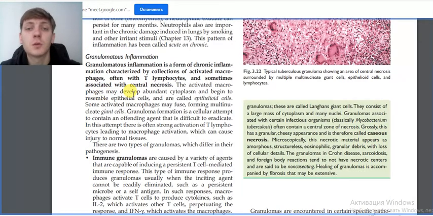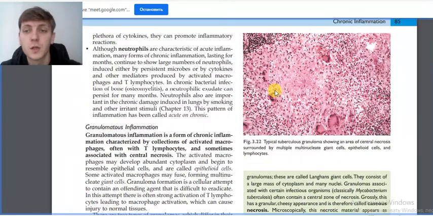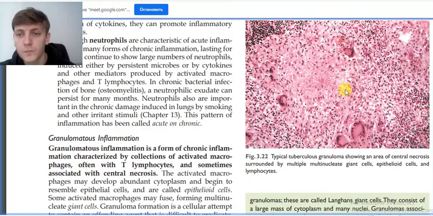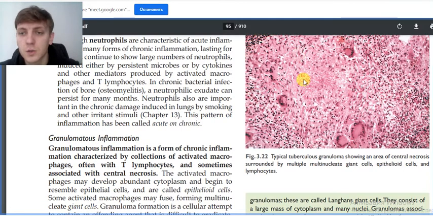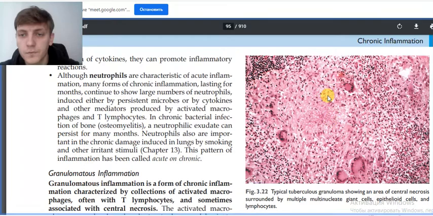Then let's talk about granulomatous inflammation. Granulomatous inflammation is a form of chronic inflammation. It's characterized by collections of activated macrophages, often with T lymphocytes and sometimes associated with central necrosis. So take a look at this diagram. I'll try to zoom it. Here, this is central necrosis, so cells are indistinguishable here.